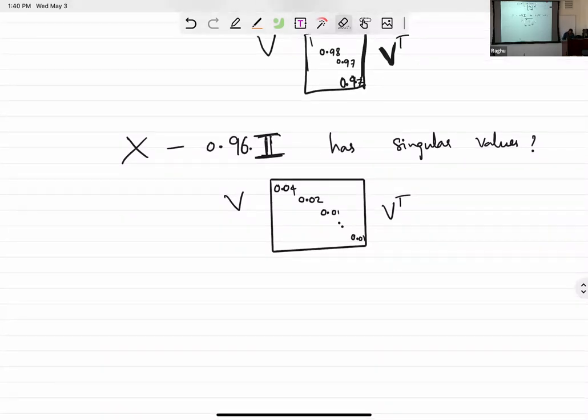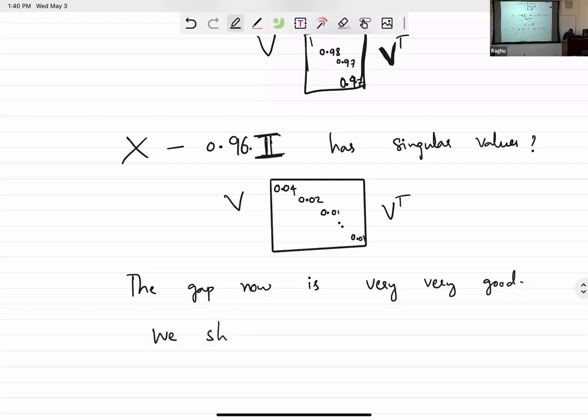So the gap now is very, very good, and we should expect power iteration on X minus 0.96 identity, which will converge to the same first singular vector, to run about 25 times faster.